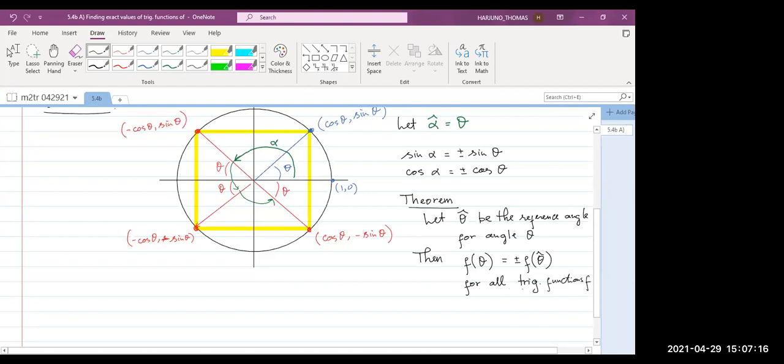It has to be trig functions, okay, with the plus or minus sign adjusted to the quadrant.